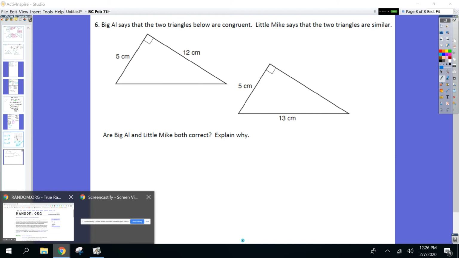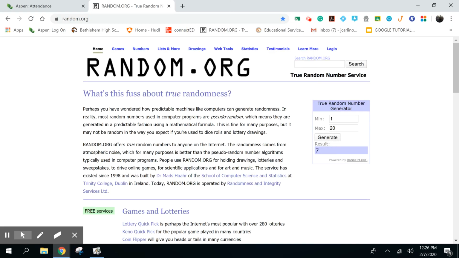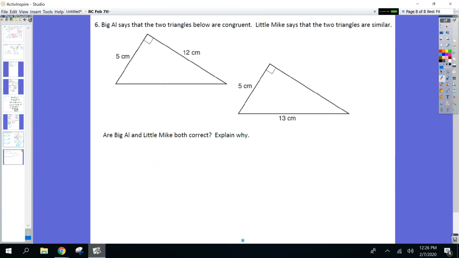Are they congruent? Okay, I'm ready. Okay, side, side, side, but I just have one side. Oh, Pythag. Ellis says what? Good, and for the second one? 12, perfect.